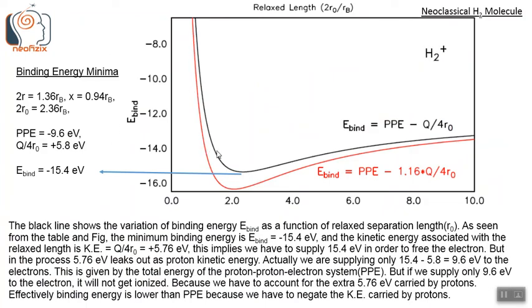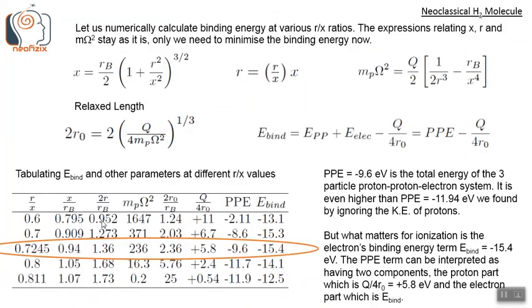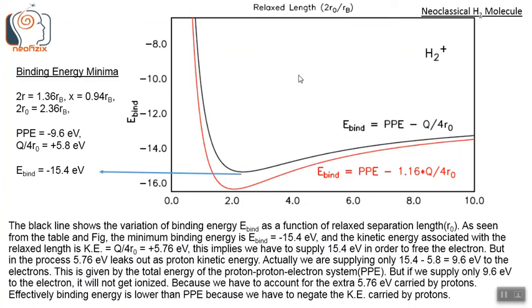So the black line here graphically shows the values we saw in the table in the previous slide. This is the graphical representation of the table. The black line shows the variation of the binding energy E bind as a function of the relaxed separation length r naught.